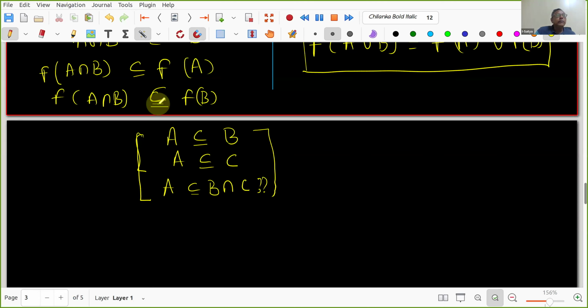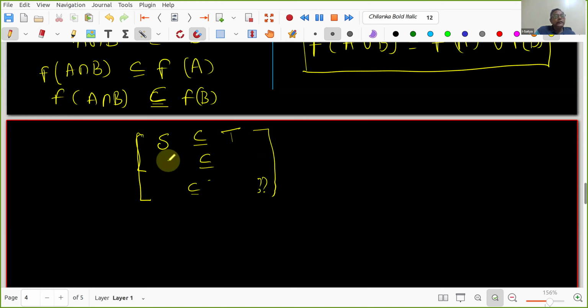So we have to convert this. If you are not comfortable, then take other sets so that it will be much clearer. Let us take that S is a subset of some T, S is a subset of W. So S is a subset of T intersection W, right? Yeah. So now what do you want to say?